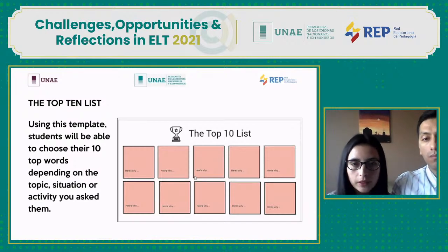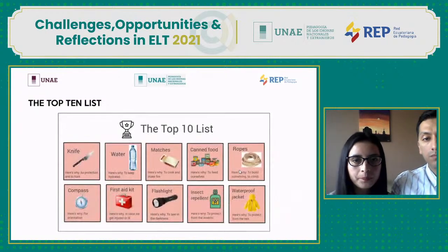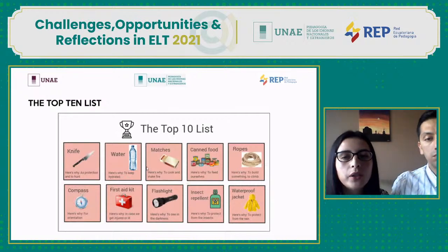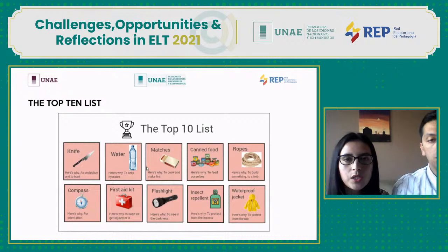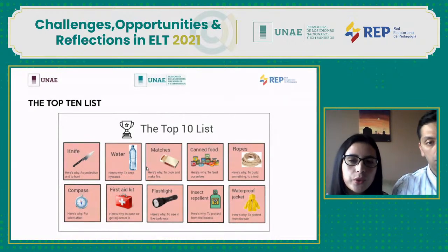So for example, here we have an example that we have worked with one group of our students. And in this case, I have created a situation for them. So the situation was the following. If you were in the jungle, which 10 items would you take with you in order to survive?